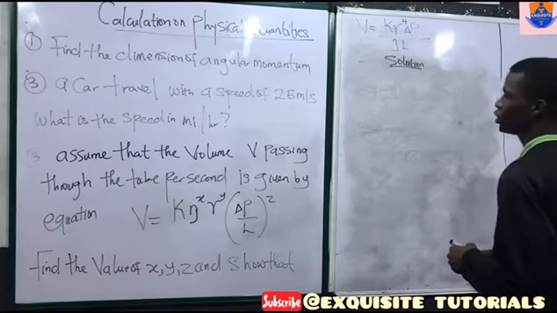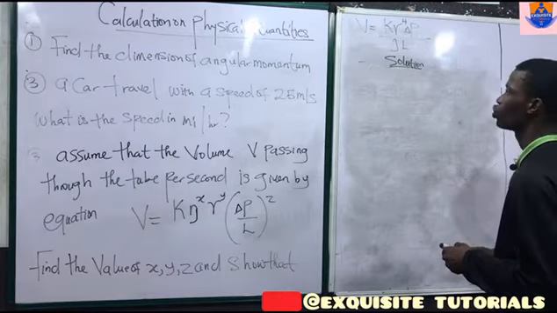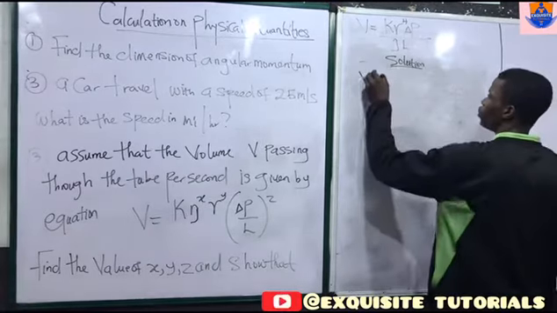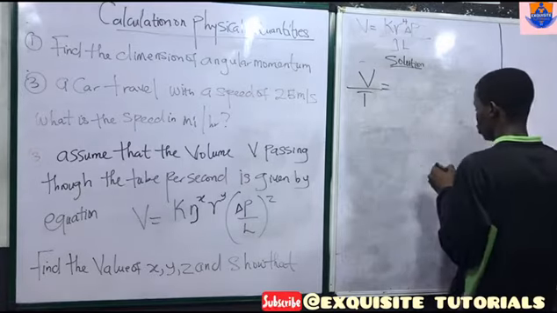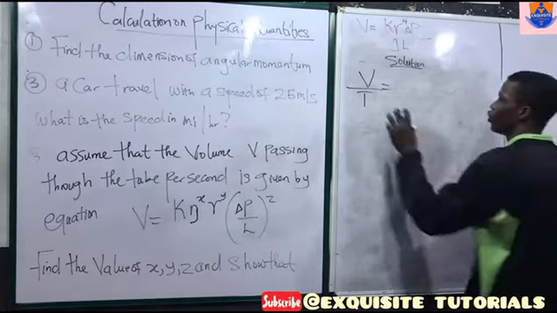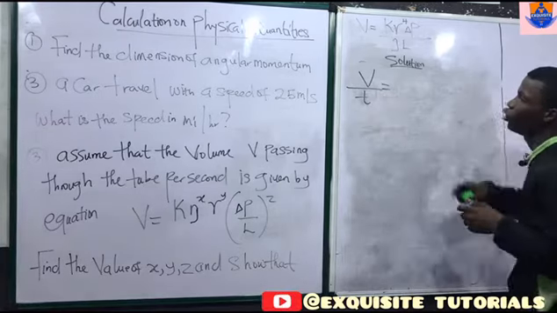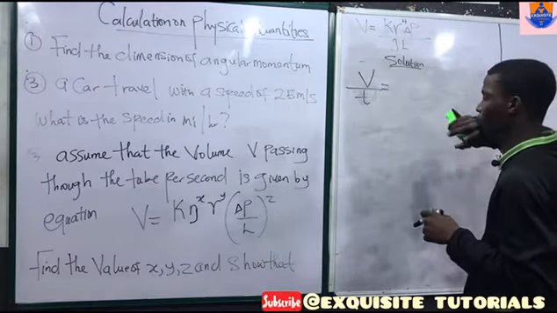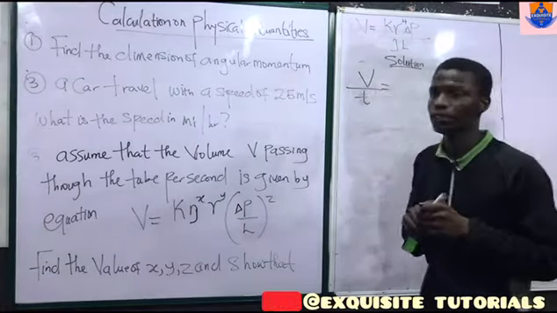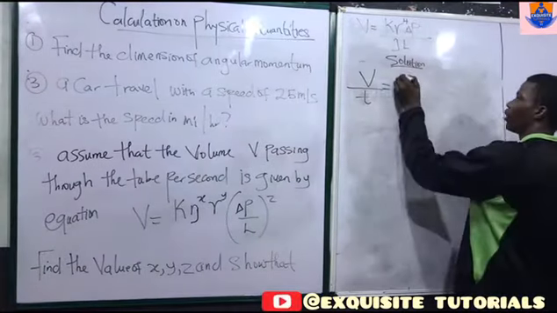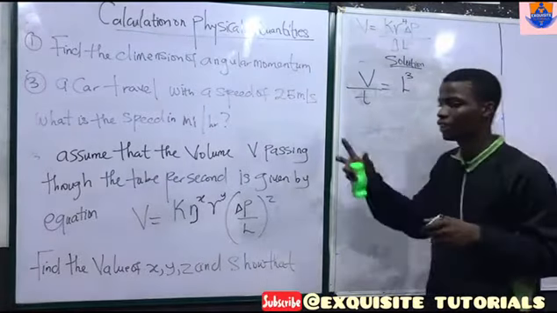If we are to solve for it, we're told that our V is equal to the volume per second, which is the volume over t, our time. Our volume normally is equal to L raised to power 3, that is the length times breadth times height.